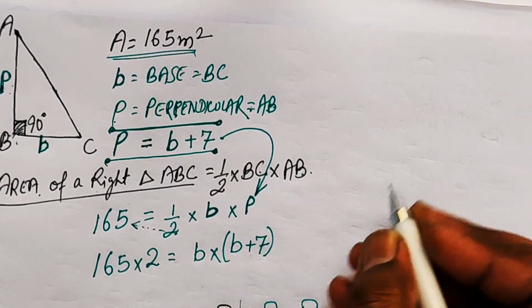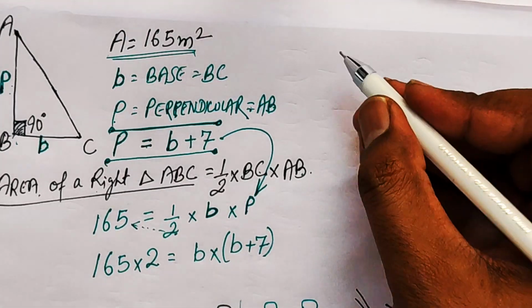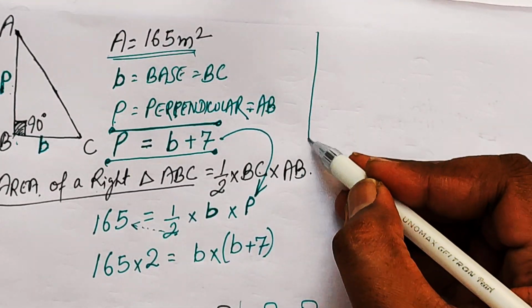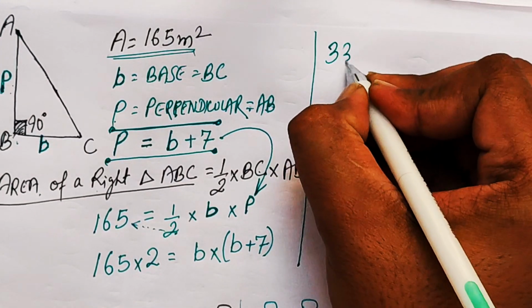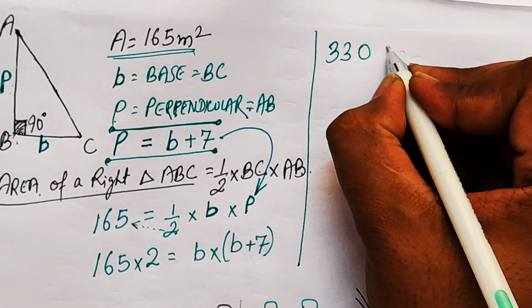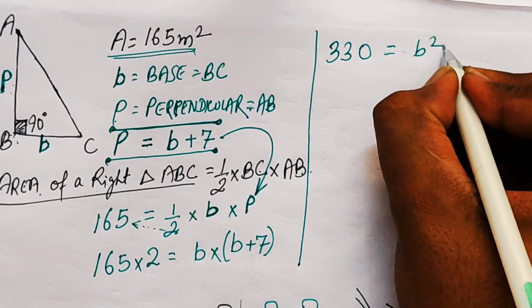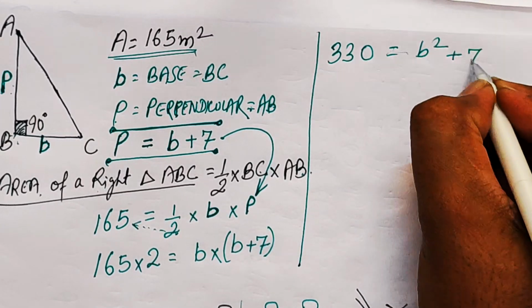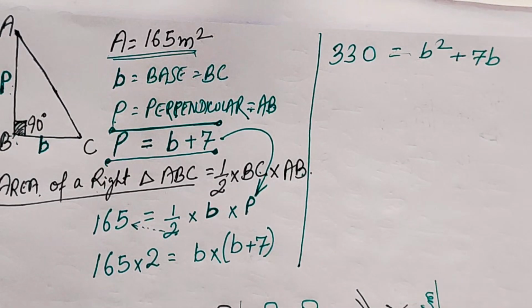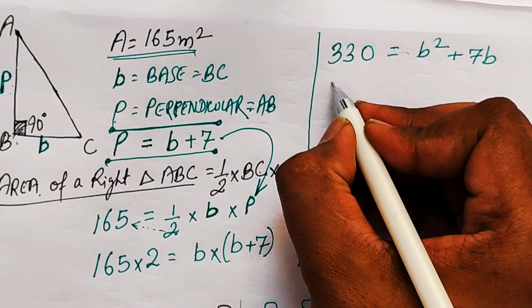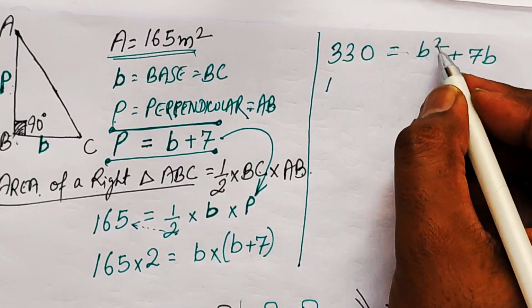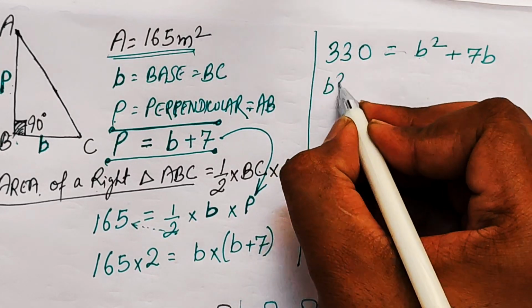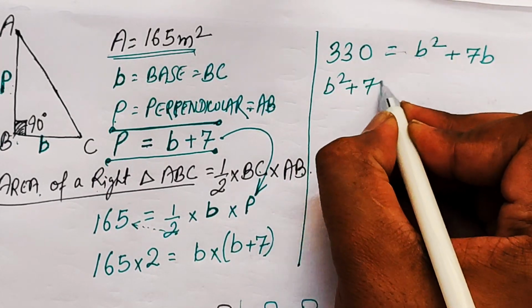So here we will be having an equation in one variable, B. It will be 330 on the LHS, which is equal to B into B plus 7, which is B square plus 7B. This equation can be written like B square plus 7B minus 330 equal to 0. It's a quadratic equation; you can see the power is 2.